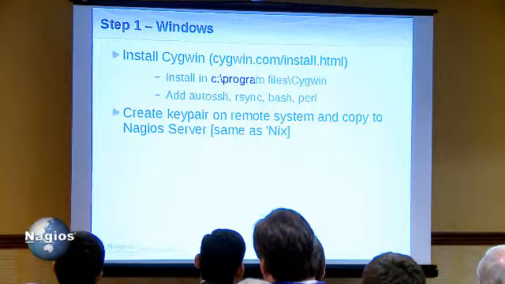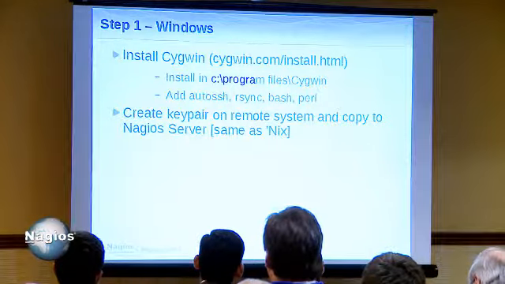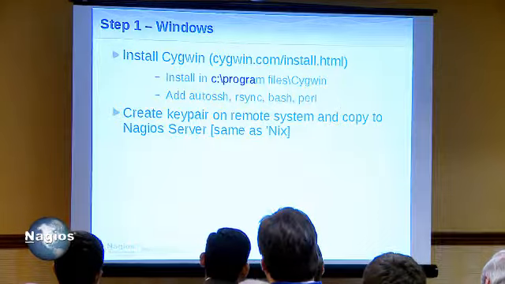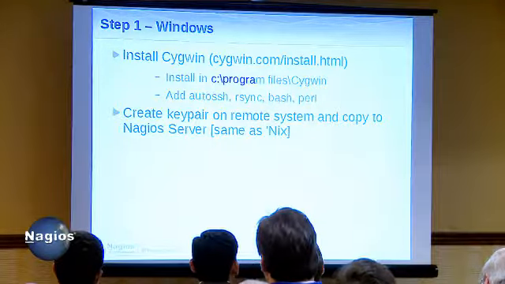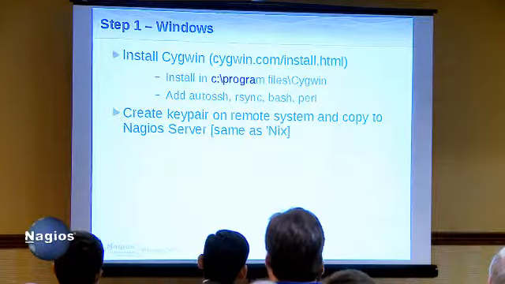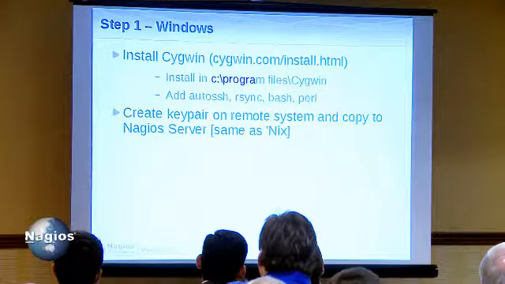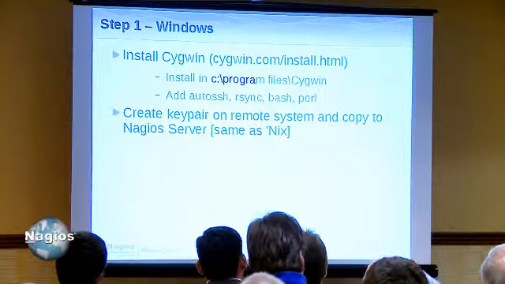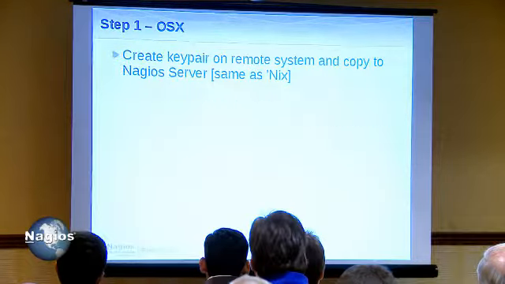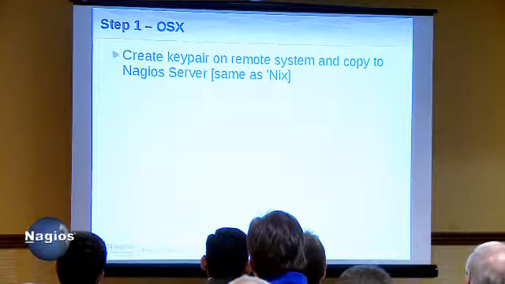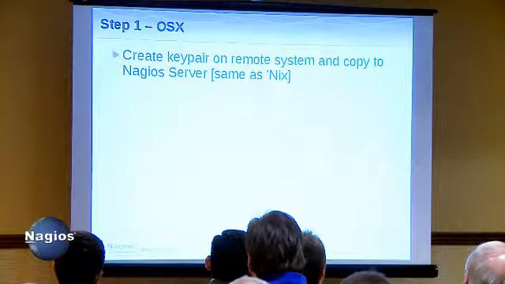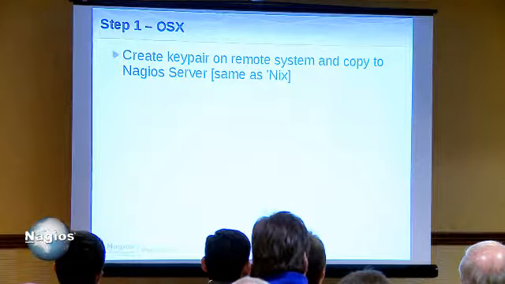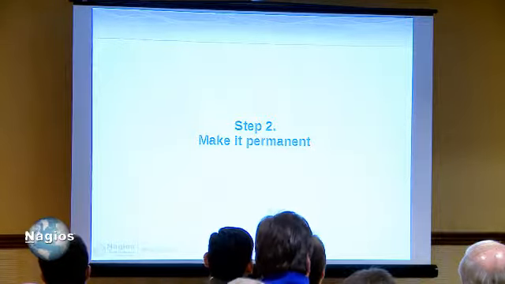On a Windows machine, it's very similar, except you use Cygwin. And when you're doing it, you might want to add autossh, bash, perl, rsync. And then, once it's installed, use the same process to create that authentication from the remote machine to the Nagios machine. OS X, the same as a normal Linux, Unix, or whatever. Not that hard.